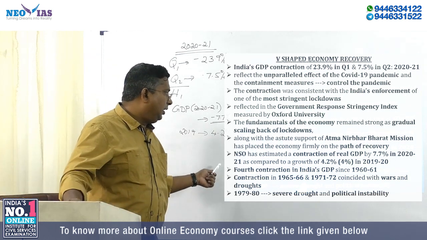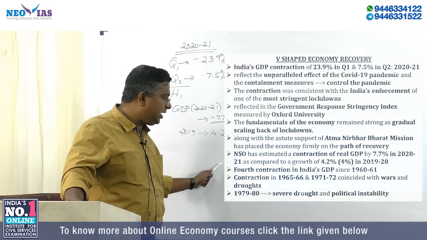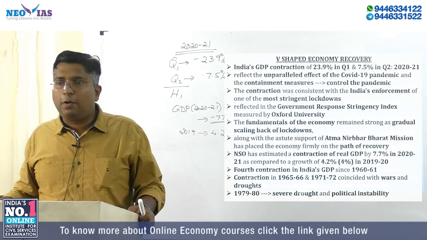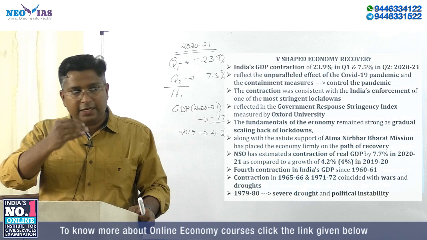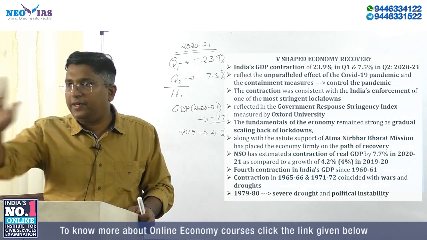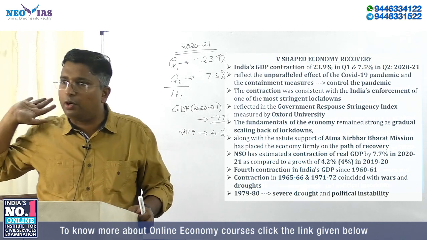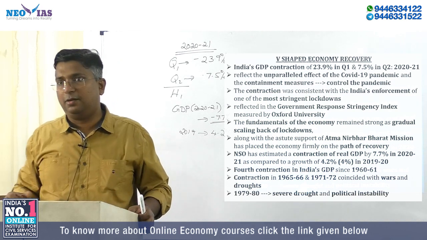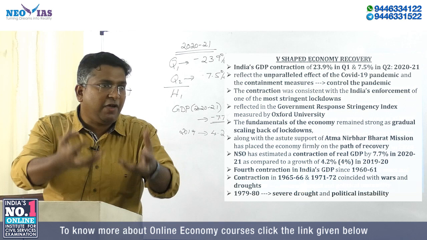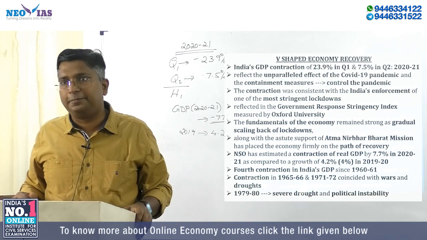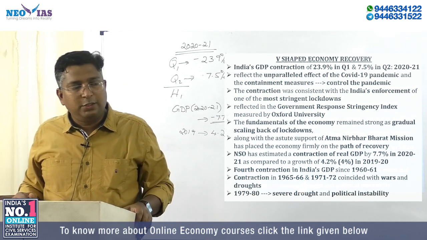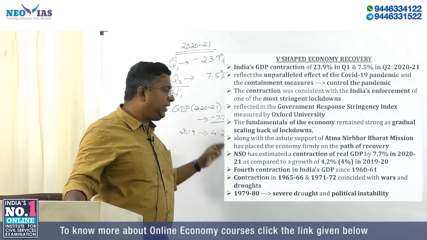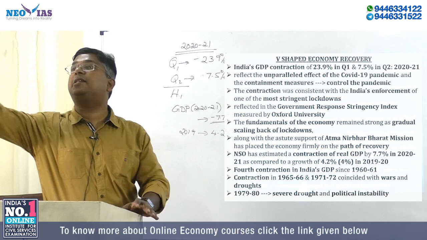And this is an area where I am expecting a question. The economic survey says that in the 2020-21 financial year, India has contracted. What do you mean by contraction? We are having a negative growth rate, meaning compared to the previous year, the GDP value is lesser. The economic survey says this is the fourth contraction in India's GDP since 1960-61.